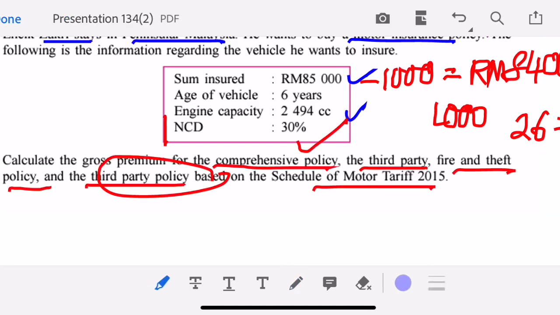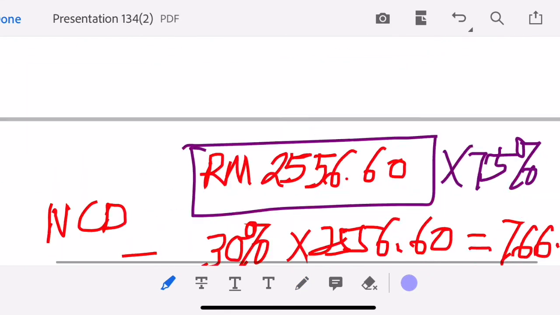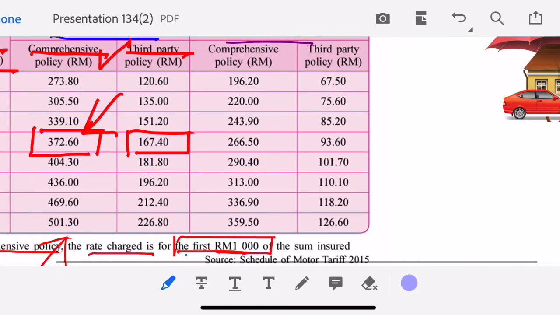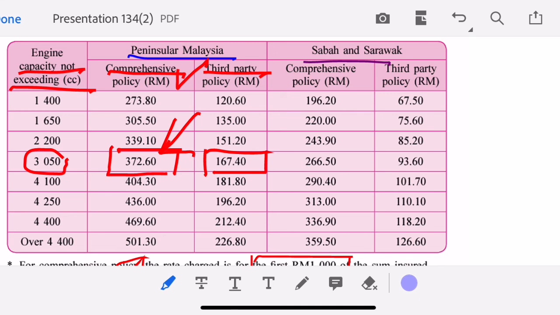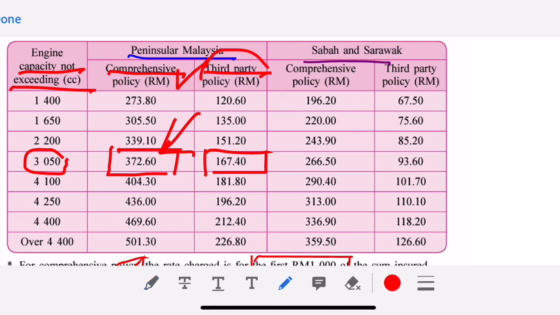Okay, so we go to the table, and then we see the third party policy, right? The third party policy is this one, 167.40.